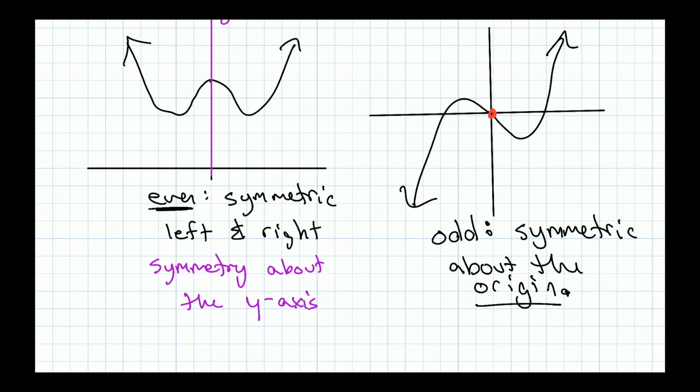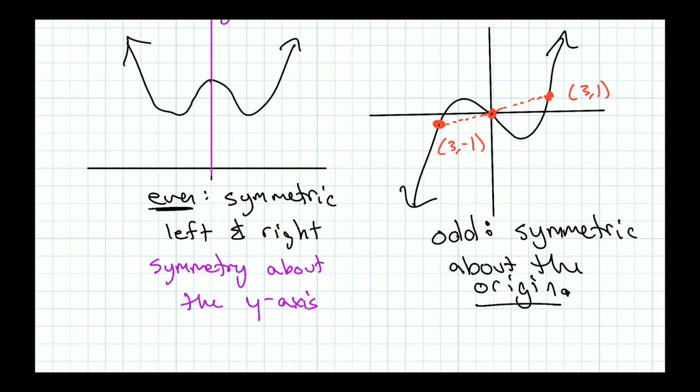And why is this a graph of something that's symmetric about the origin? The reason is that if you take a point on the graph, like right here, and you go from that point through the origin, and you keep going, you get to another point on the graph, right? Let's say that this point is (3, 1), then the point over here is (3, -1), something like that.